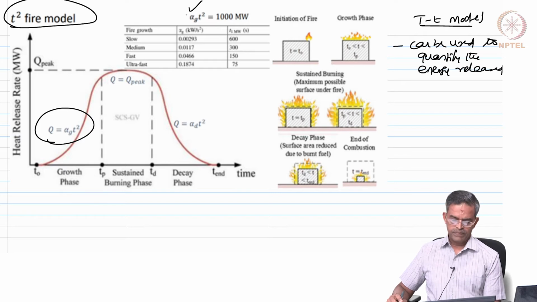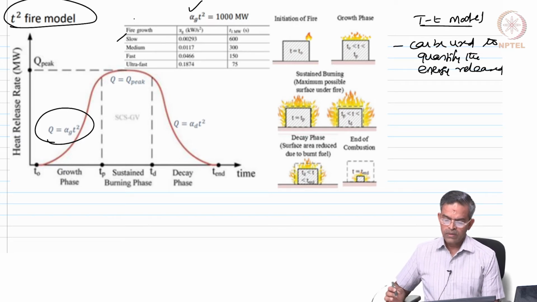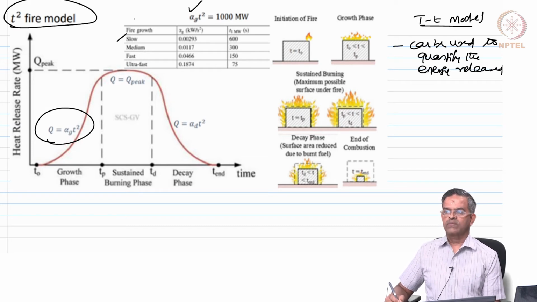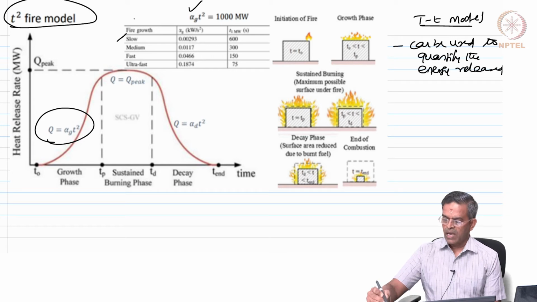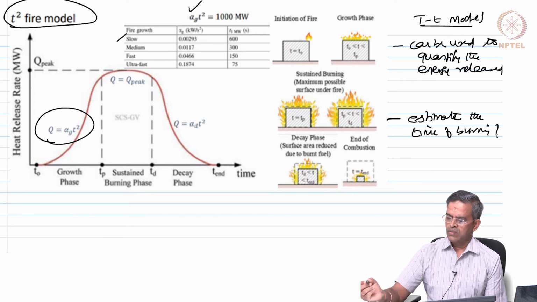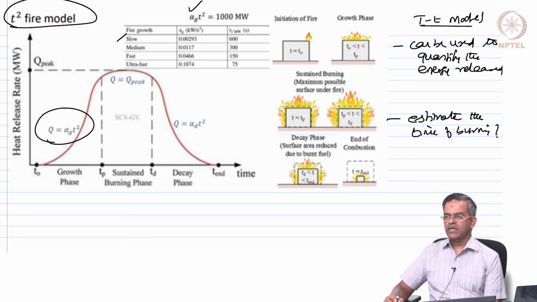Let us say if it is a slow fire growth, alpha g is different compared to ultra fast fire growth. Now, if the fire growth rate is known to us, we can estimate the time of burning. We can easily find out how long the fire will be sustained.